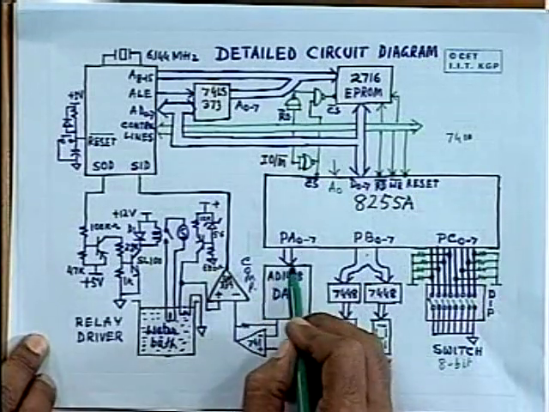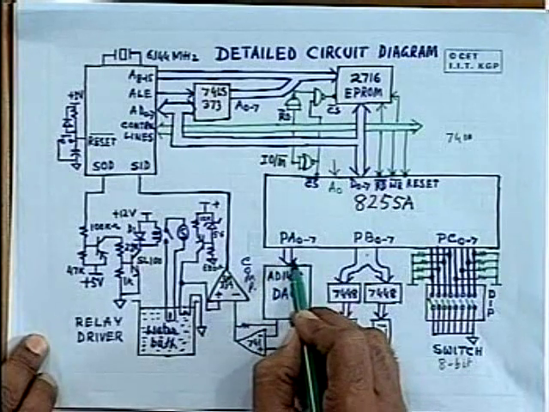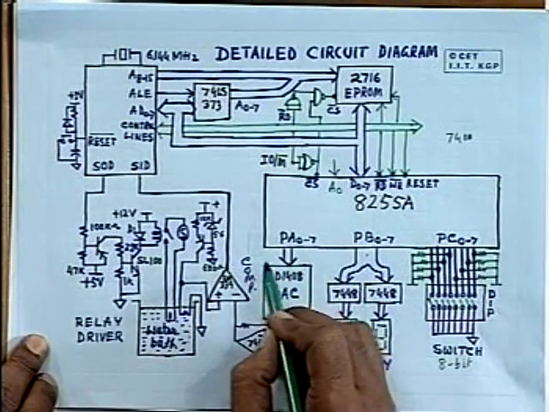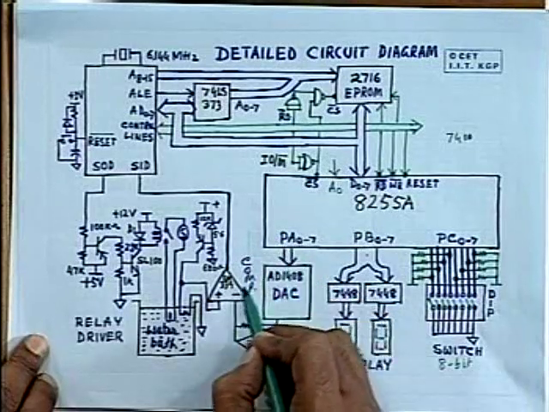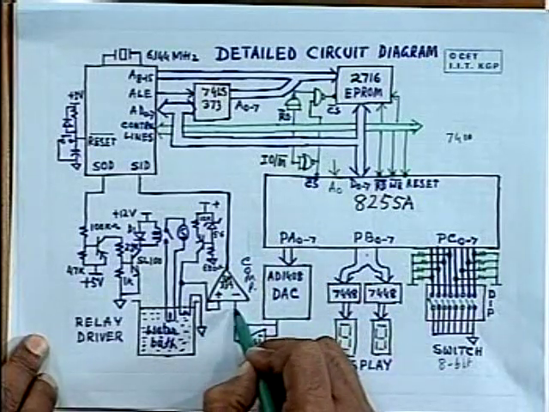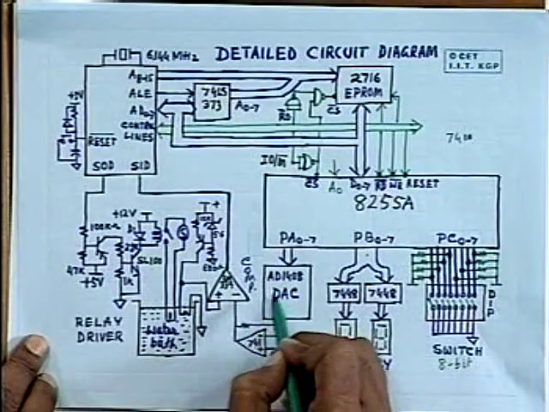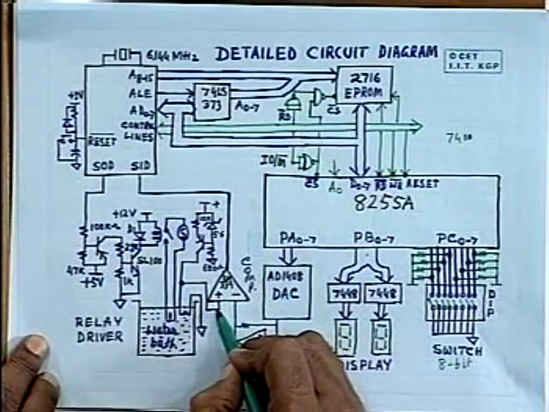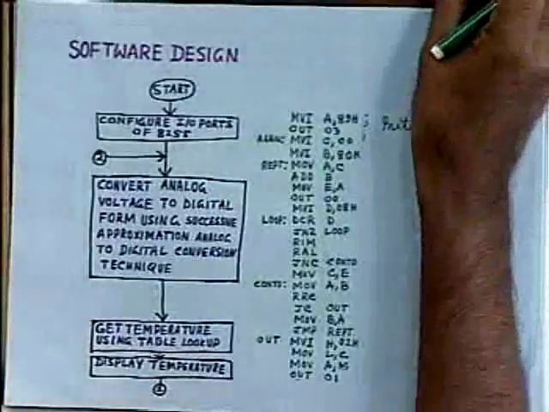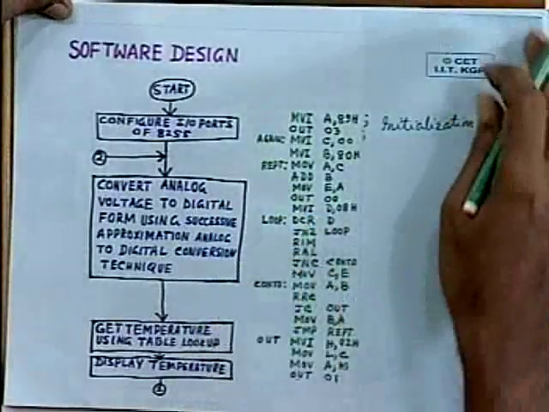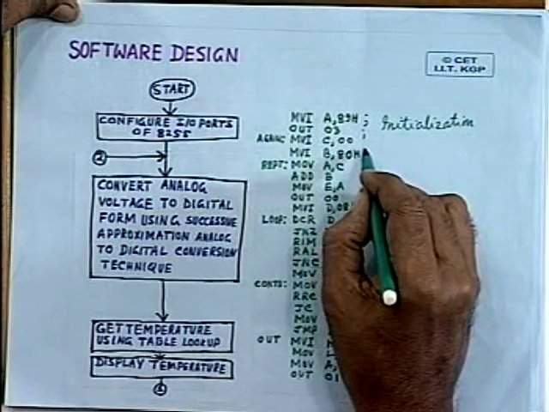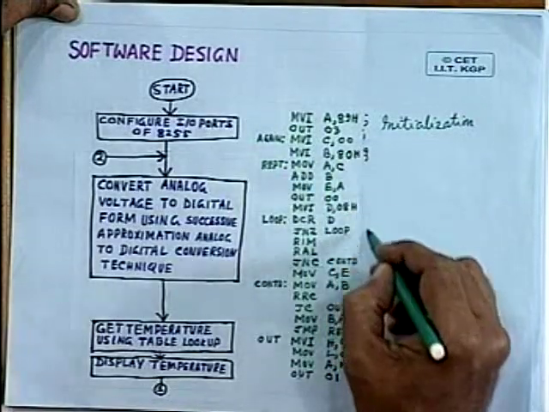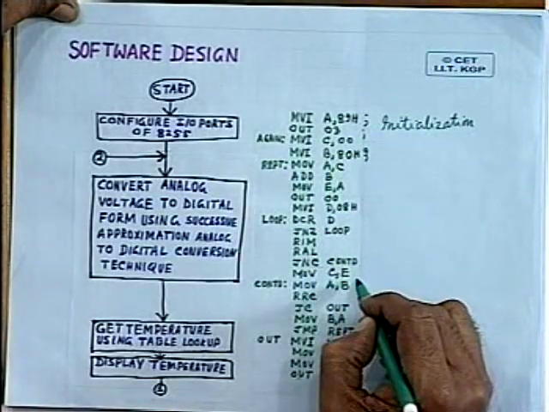In this way, as you go from the most significant to the least significant bit in 8 steps, the corresponding port value that makes these two outputs more or less the same corresponds to the analog input. That's how the conversion is done. And this successive approximation algorithm is implemented by this part of the program, from here to here.